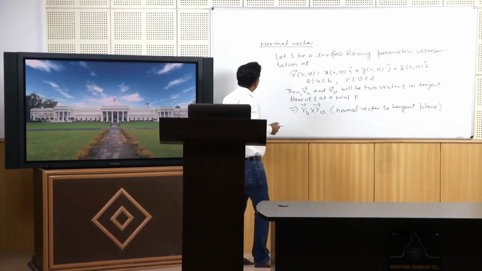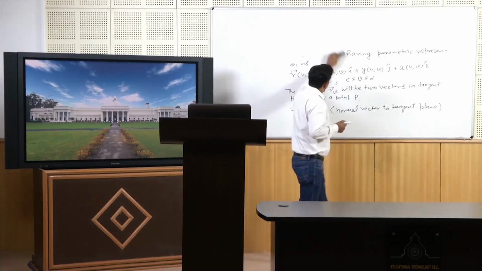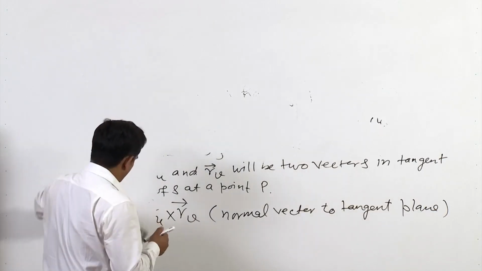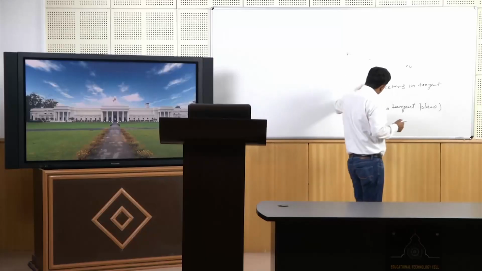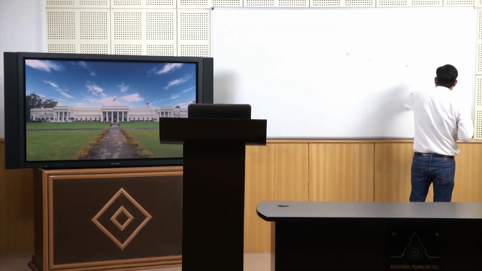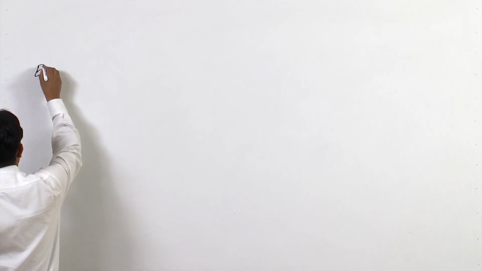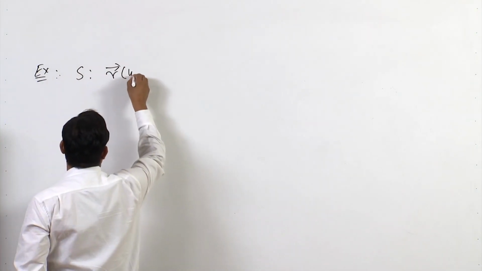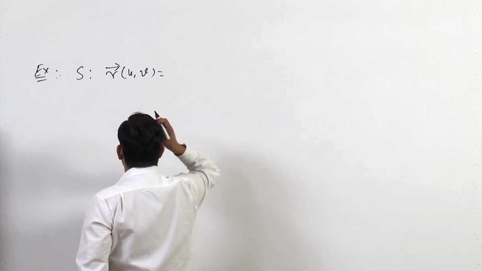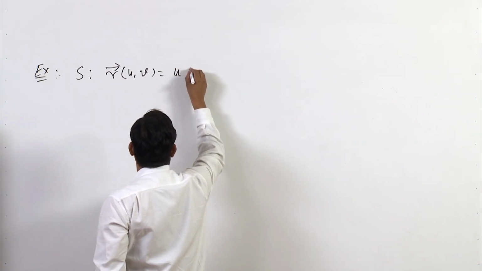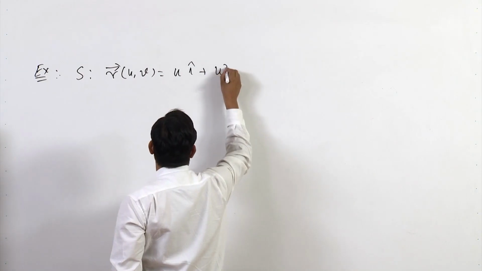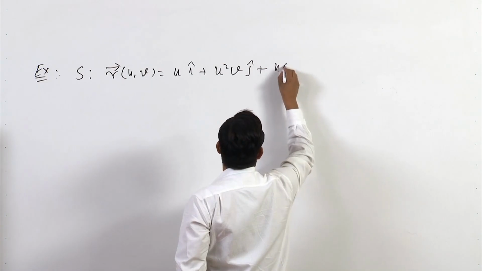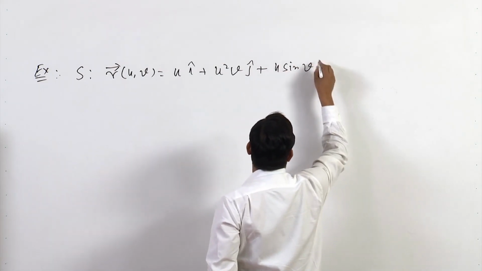So, for example, if I am having a surface, let us say S is given by R of u v equals u i plus u square v j plus u sin v k.